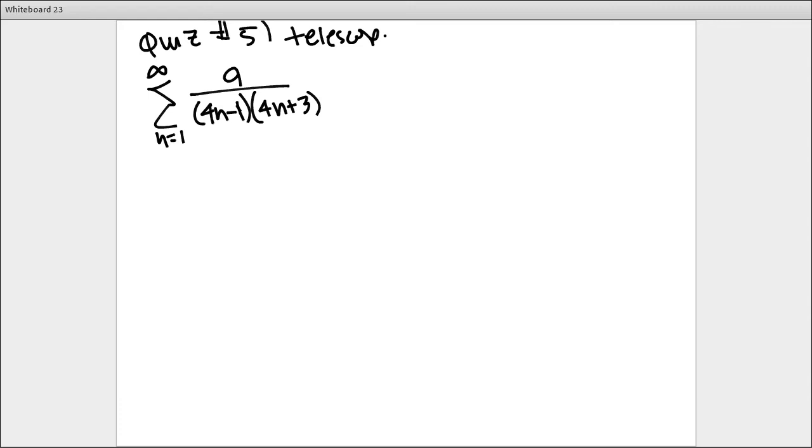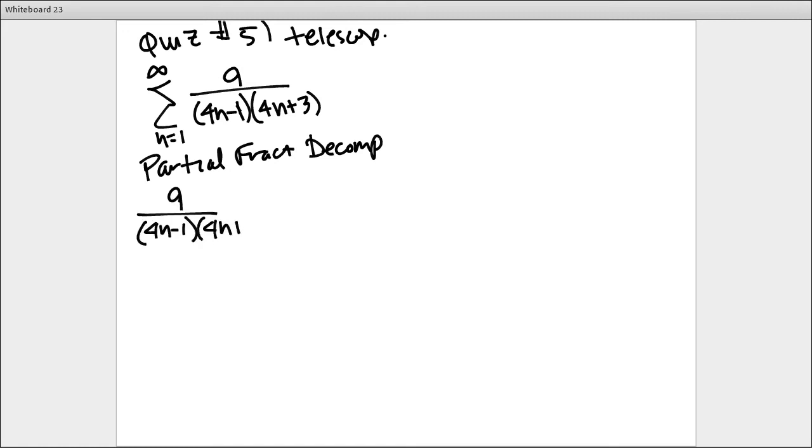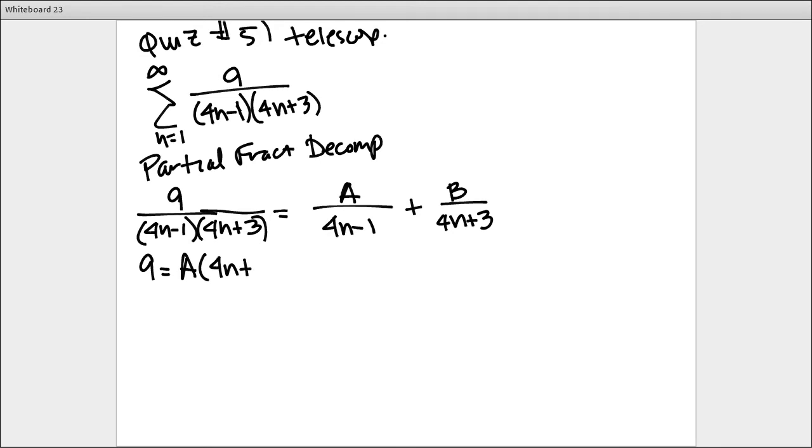So this is a hidden little telescoping series that does end up converging. You do partial fraction decomposition to make it happen. You go 9 over 4n minus 1 times 4n plus 3 equals, put placeholders for the numerators, A over 4n minus 1 plus B over 4n plus 3. Multiply both sides by the common denominator, and you'll be left with 9 equals A times 4n plus 3 plus B times 4n minus 1.